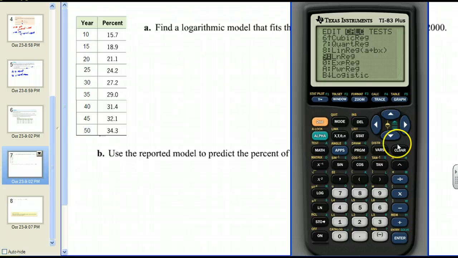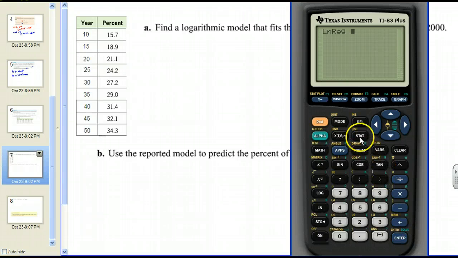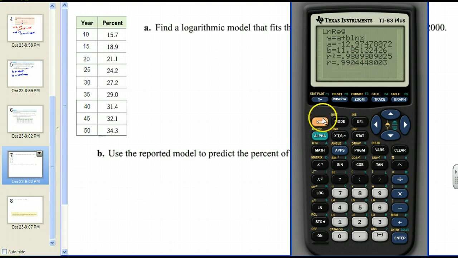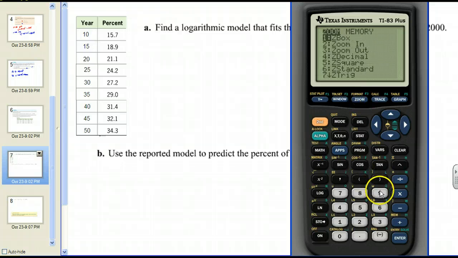That's two different types of models. So LN REG. Again, I'm going to press vars, yvars, function y1, and that way it'll plot it for us. So there it is. There's our model, R squared 0.98, a very good fitting model. If we graph it, zoom 9.